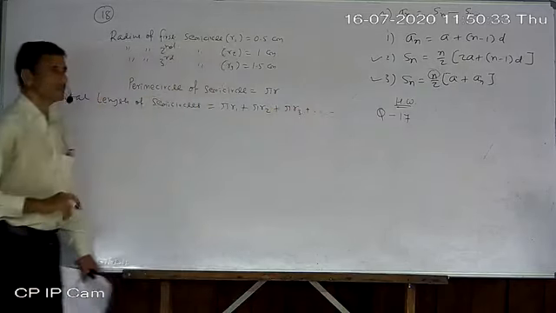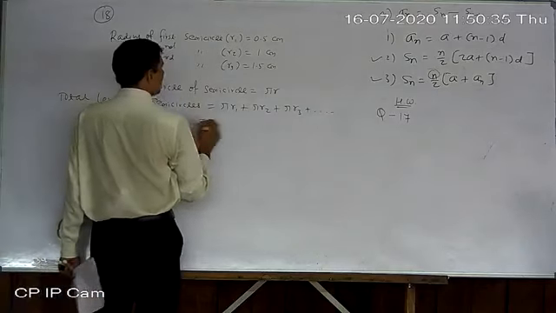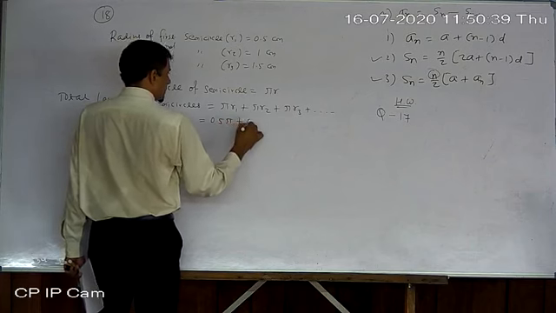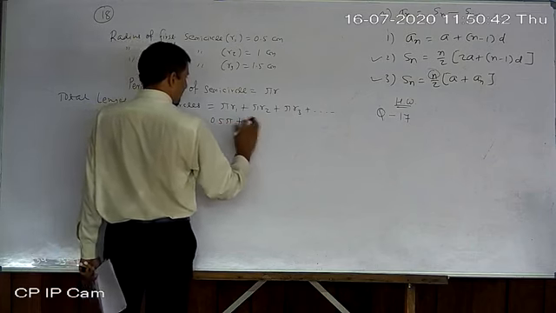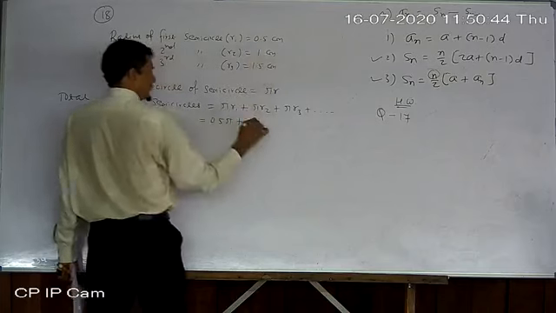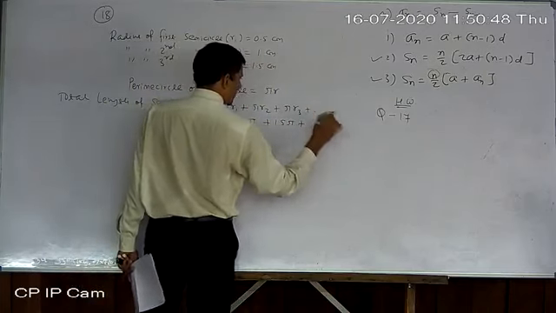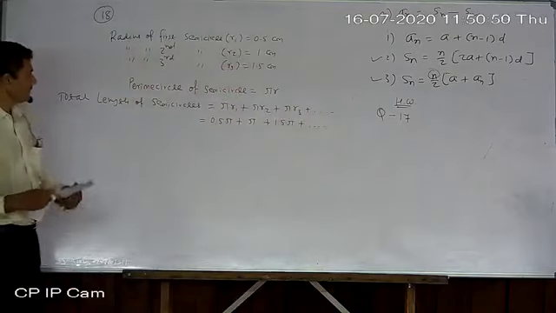13 terms. So write down the value of r1, 0.5. So 0.5 pi plus 1 pi, since r2 equals 1, plus 1.5 pi plus 2 pi, likewise up to 13 terms. Okay.